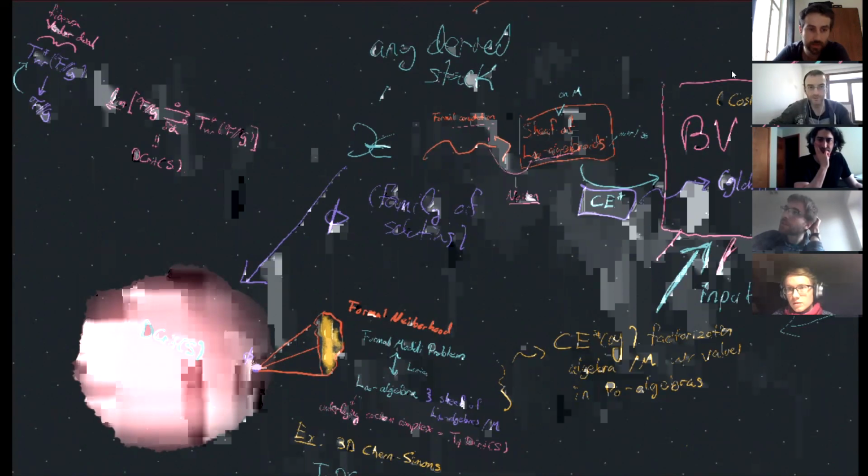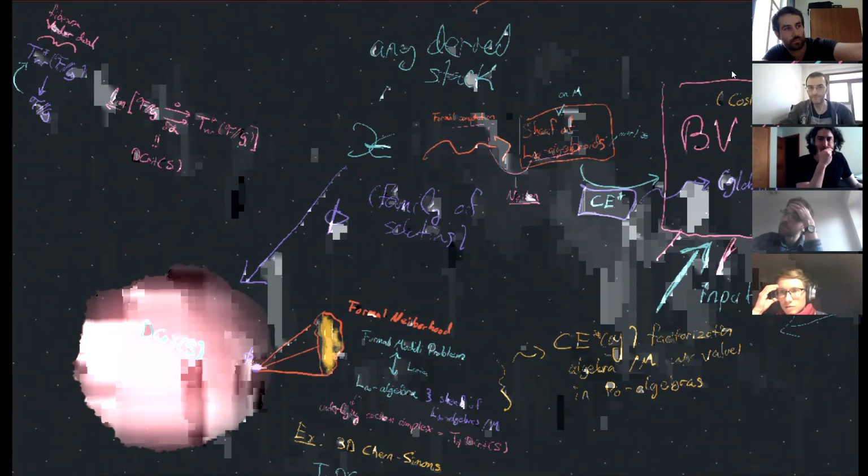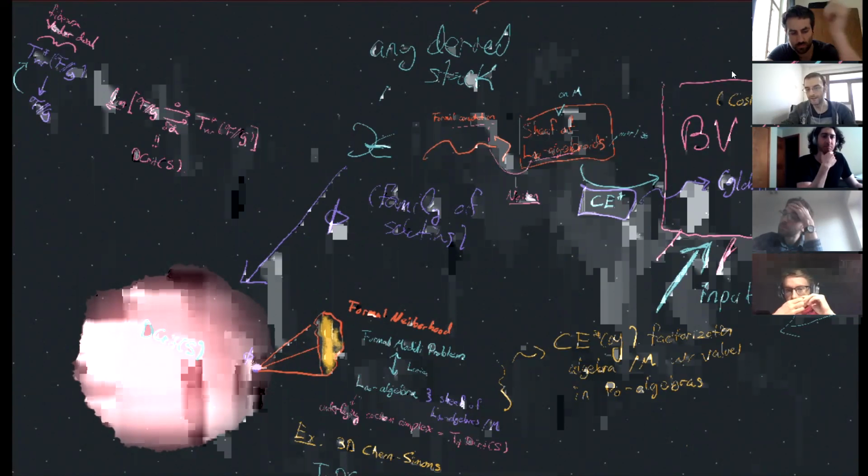I'll start with maybe a general comment. The steps that you went through to arrive at the BV formalism as some Chevalley-Eilenberg cochain construction in the realm of DG algebras, I think that's familiar to people who study this stuff.